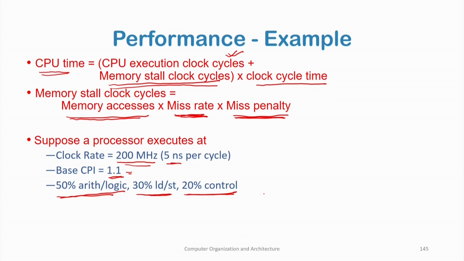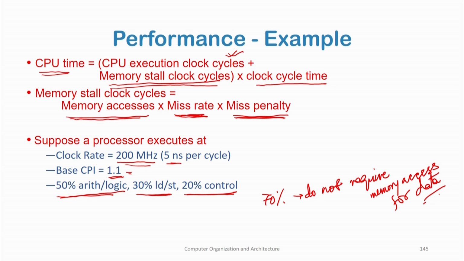30% are load store, that means data access, and 20% are control instructions. So, therefore, 70% of instructions do not require memory access for data, only for instructions.